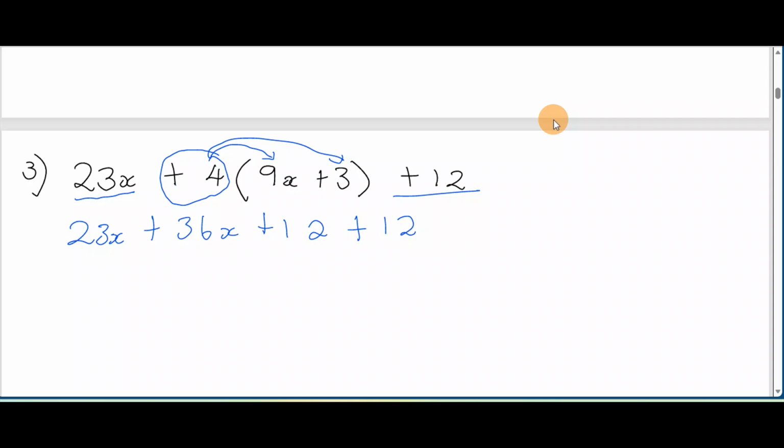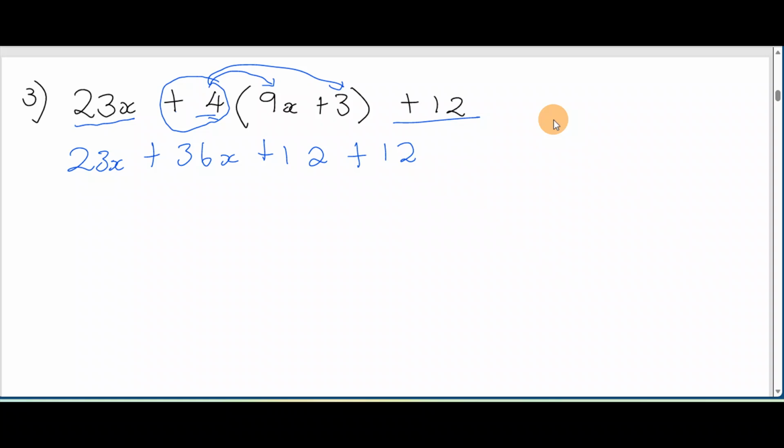So you see that this bracket was only related to 4. I've seen the mistake that people make when they say 23x plus the 4 first before they open the bracket. So you open your bracket first because this is a multiplication. You're opening your bracket first before you do any additions.